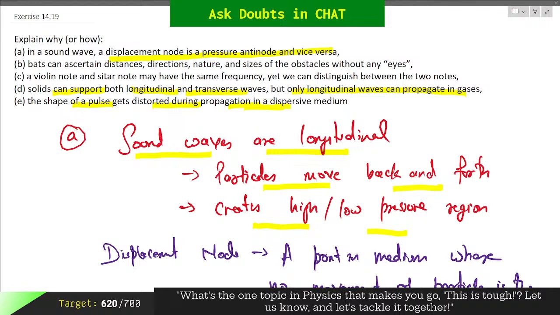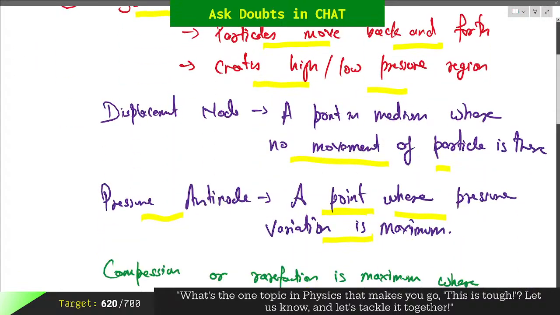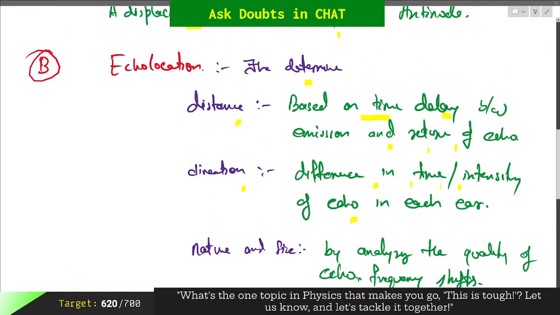For example, for distance, based on the time delay between the emission of the sound and the return of the echo, they calculate the distance.